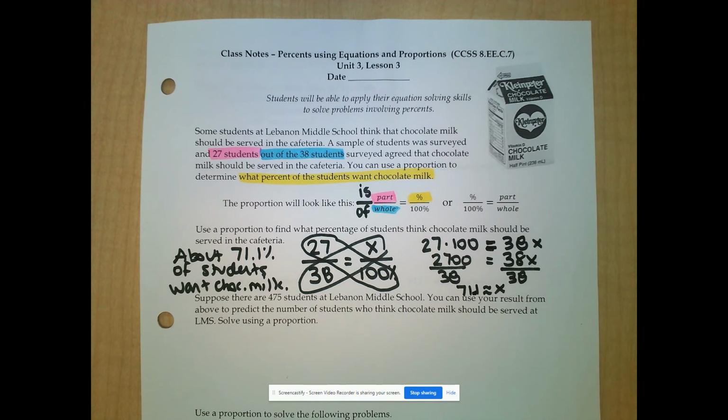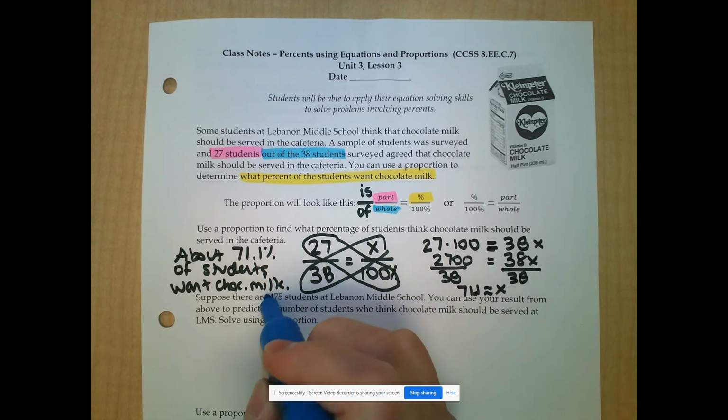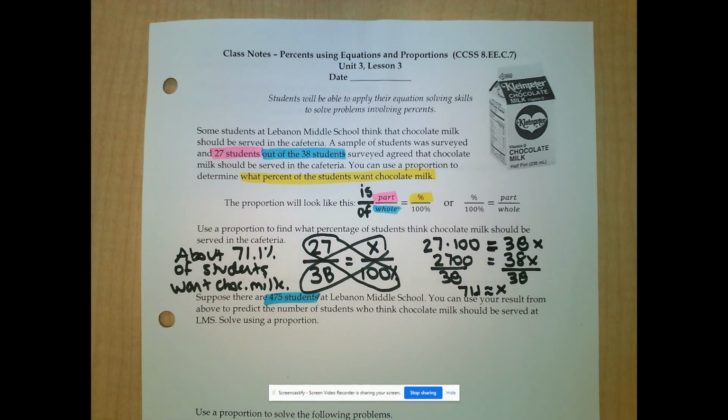Suppose there are 475 students at Lebanon Middle School. You can use your result from above to predict the number of students who think chocolate milk should be served at LMS. Solve using a proportion. So we're looking for the part of the population that wants chocolate milk out of the whole 475 students at Lebanon Middle School.